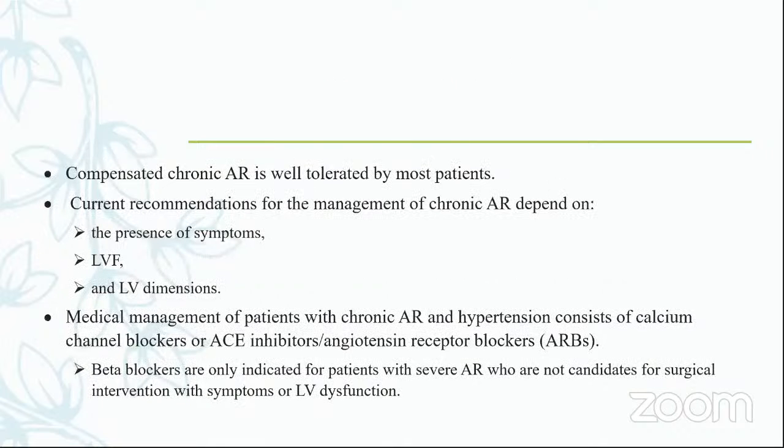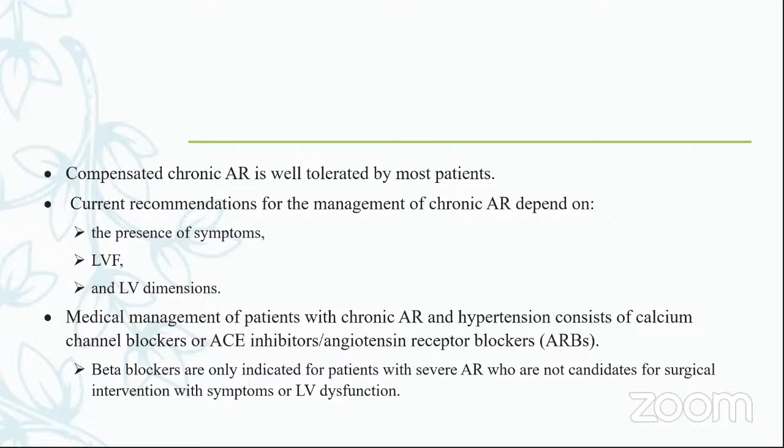Compensated chronic AR is well tolerated by most patients, and the current recommendation for the management of chronic aortic regurgitation depends on the presence of symptoms, the left ventricular function, and the LV dimensions. Medical management of patients with chronic AR and hypertension consists of calcium channel blockers, ACE inhibitors, or ARBs.